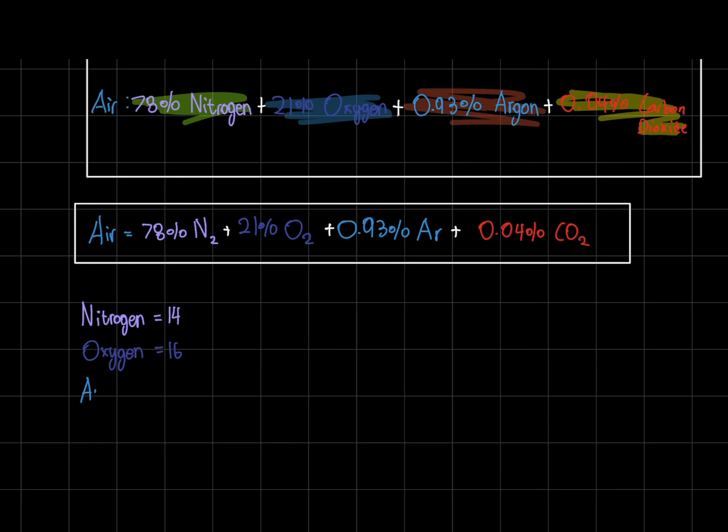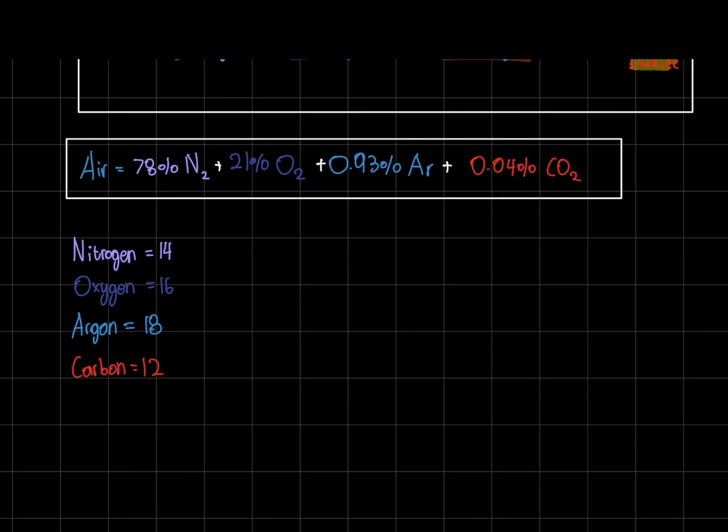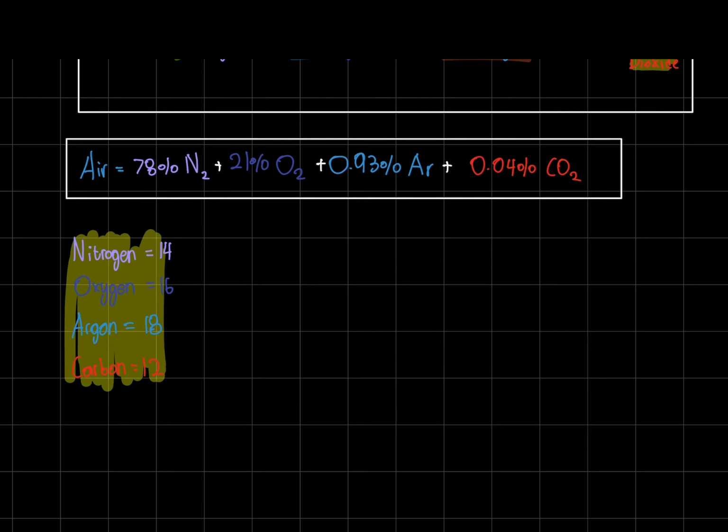Argon has a mass of 18. And carbon has a mass of 12. Okay? So we just need to substitute the masses of all these gases into our little formula.